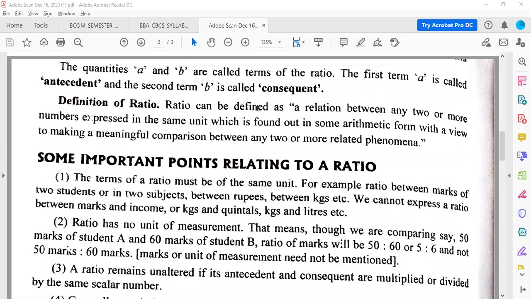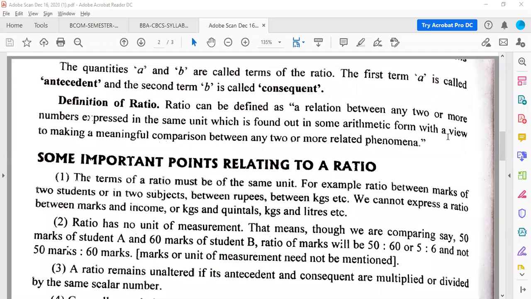Then let us, one last time, see the definition of a ratio. Ratio can be defined as a relation between any two or more numbers expressed in the same unit, which is found out in some arithmetic form.